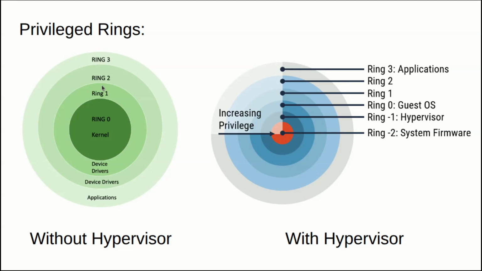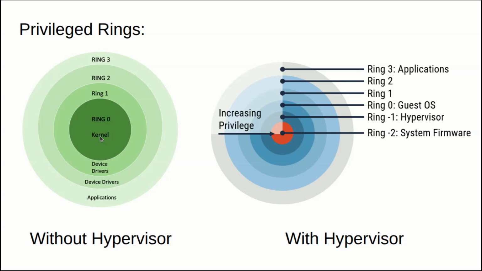If you take a traditional hardware with no hypervisor at all, the kernel will have the highest privilege, which is ring 0, and the kernel sits just above the physical hardware. The user applications generally run on ring number 3. In ring number 2 and ring number 1, you will have the device drivers and other things. So this is how a traditional machine without a hypervisor looks.